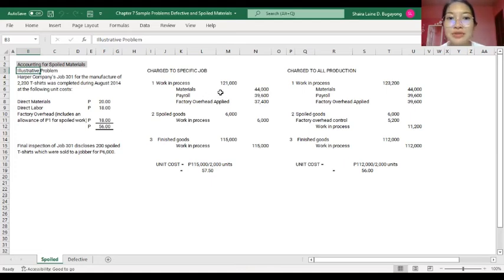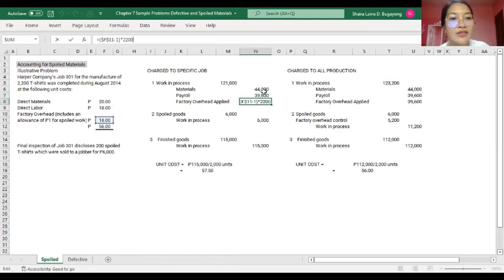So, journal entries to be made for this problem. Number one, syempre ka-complete man siya 2 ka t-shirts. So, materials would be 20 multiplied by 2, ang their payroll.